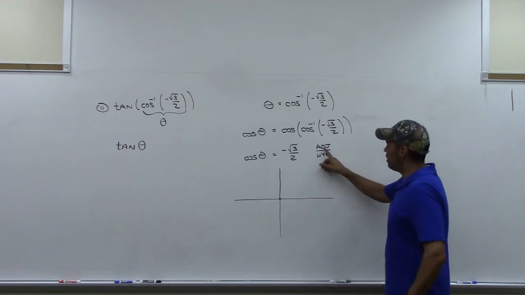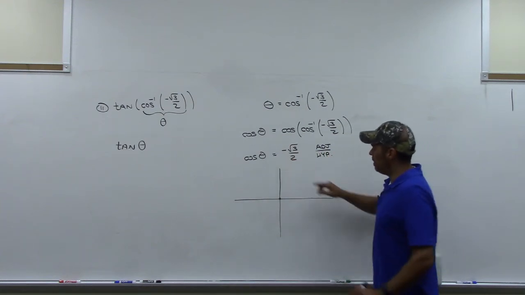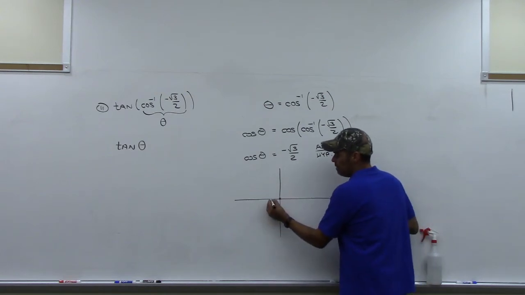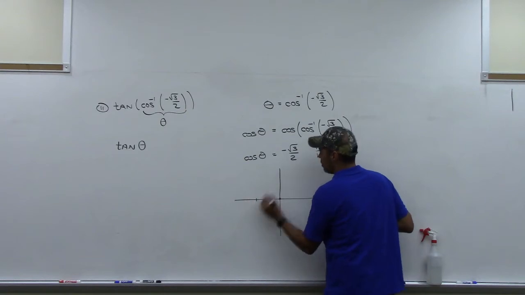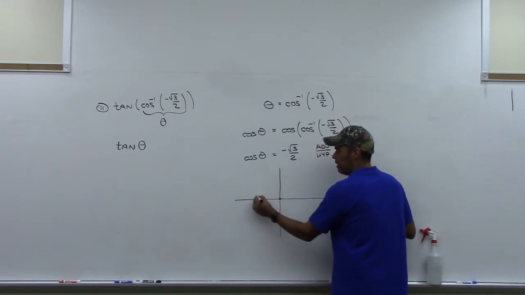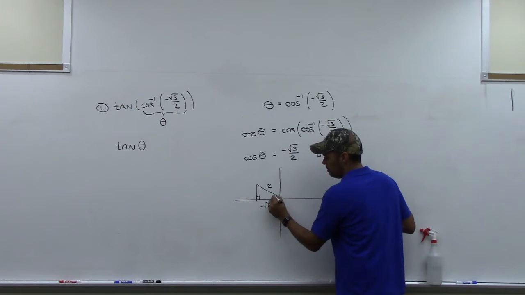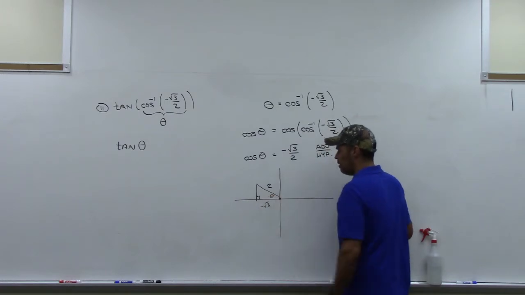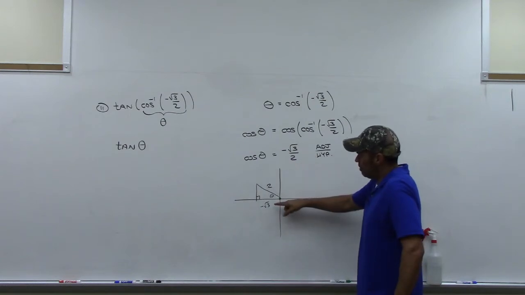So the adjacent side should be negative and the hypotenuse always has to be positive. So I should move over by negative root 3, and the hypotenuse should be 2. And my theta, of course, you could look at as being here. So cosine of theta, according to this picture, would be negative root 3 over 2.